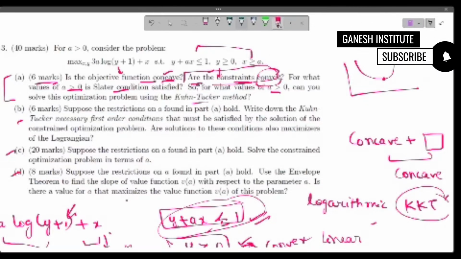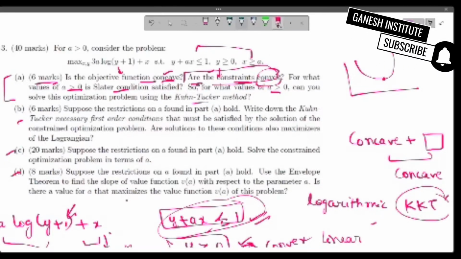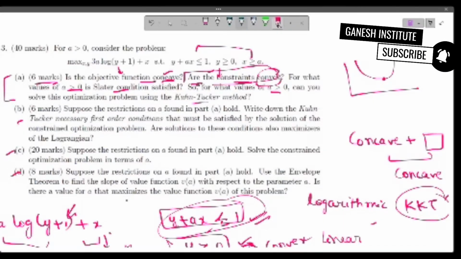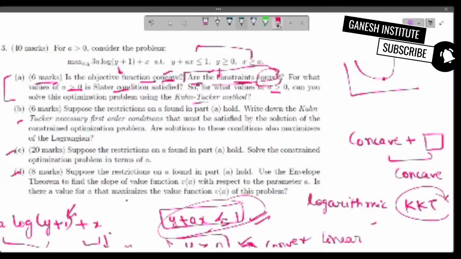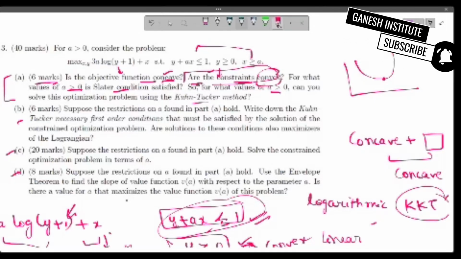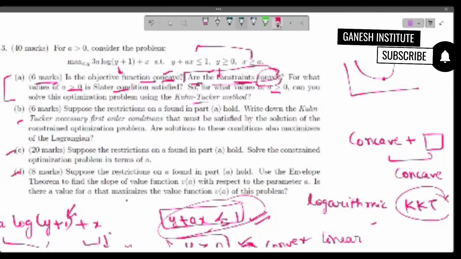Ma'am, so over here, for Slater condition satisfaction, do we always say an arbitrary constant? Yes, because the condition for x and y has already been given, and a depends. See, x is greater than or equal to a.